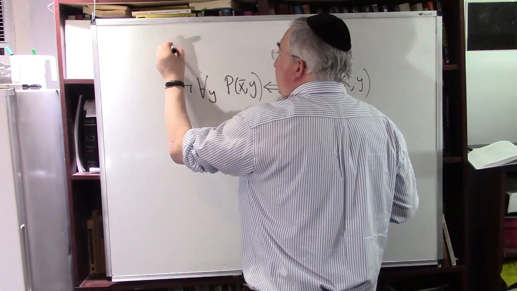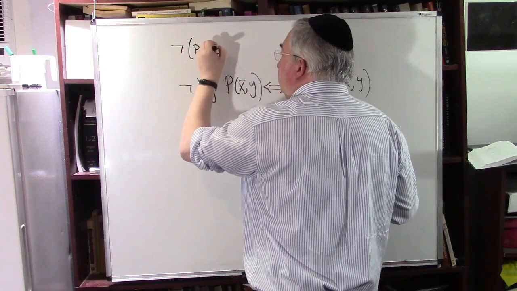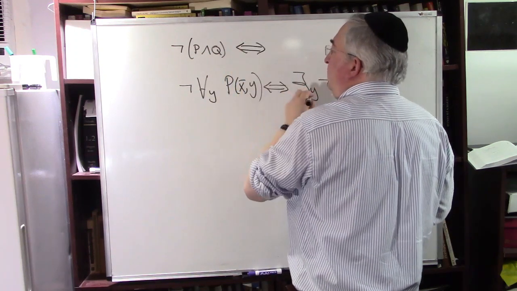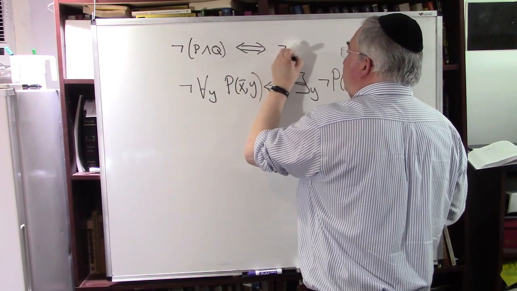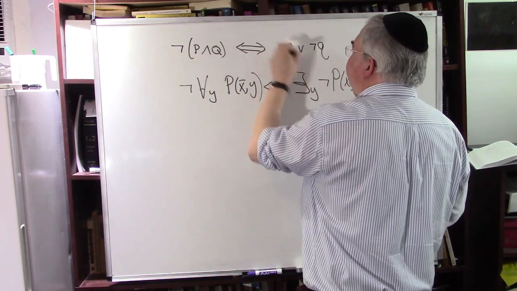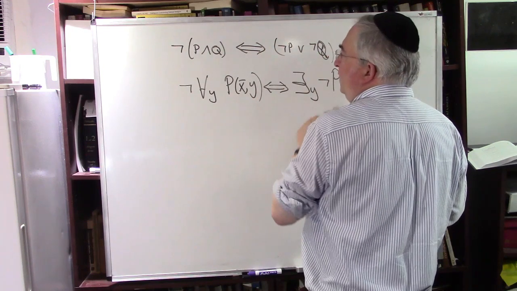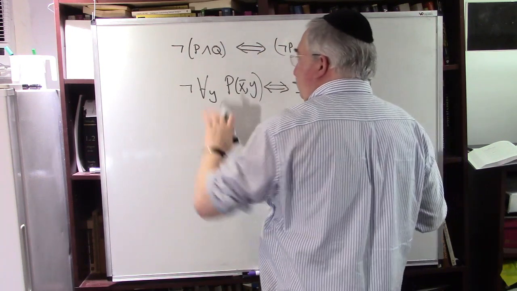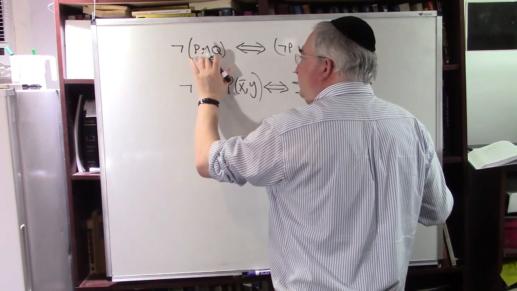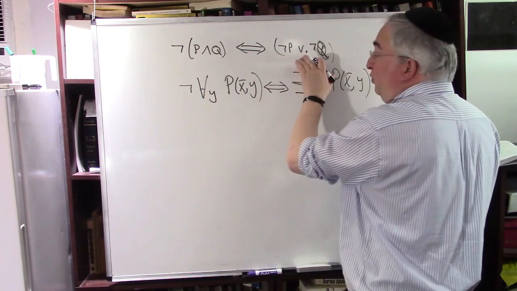Okay? Great. So what did the regular De Morgan's rule say? It said if it's false that P and Q, that's equivalent to not P or not Q. We saw this already, but again, this is a bunch of ANDs, these are ORs.